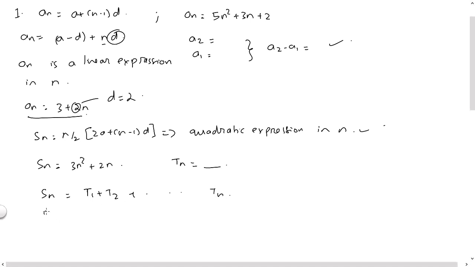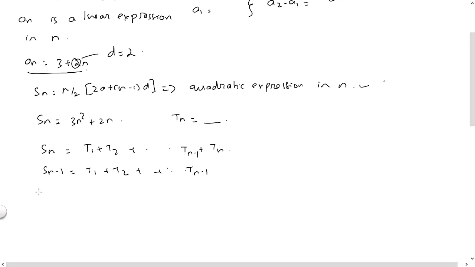Now if you take Sn minus 1, that would be the sum of n minus 1 terms, T1 plus T2 plus so on till Tn minus 1, the term preceding Tn. So when we subtract, Sn minus Sn minus 1 is equal to Tn.